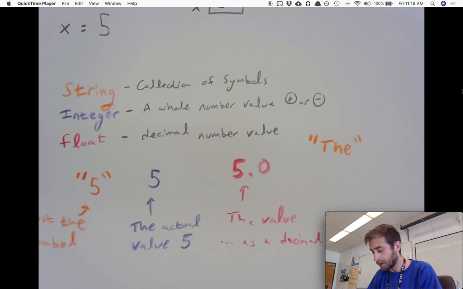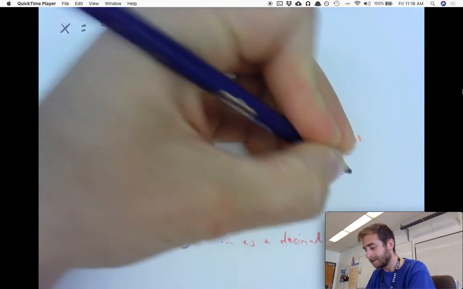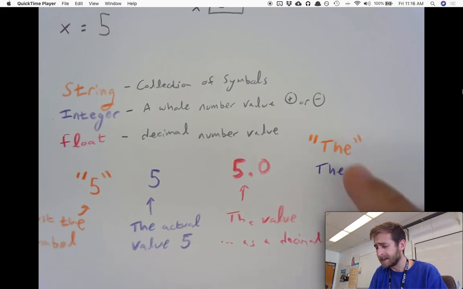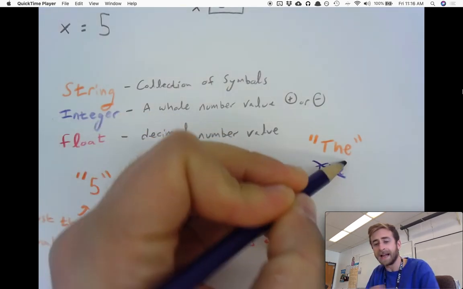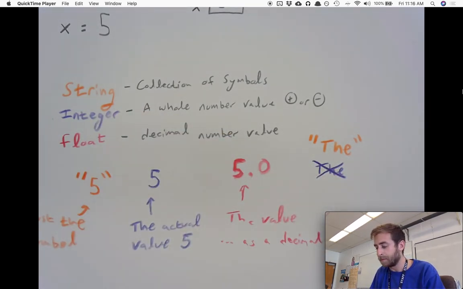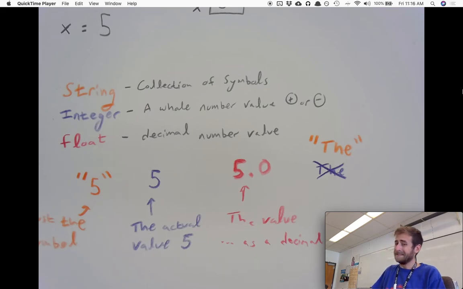If I try to store the as an integer, what does that even mean? An integer is supposed to be a whole number value. What number value can I put for this? It has no idea. It cannot do that. And same thing with a float. It can't hold on to the.